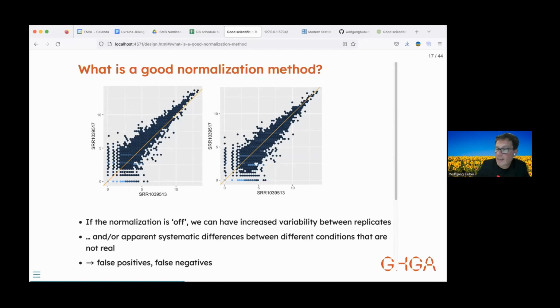If I just take the data at face value, and also draw in the intercept line, I see that, for instance, the counts for the 517 sample are consistently a bit higher than the counts for the 513 sample. You see the layer lies a little bit above. This could be biologically real, or it could just be that the counts in general are all a bit higher. Maybe they're all higher by a factor of 1.5 because we simply sequenced deeper for this library.